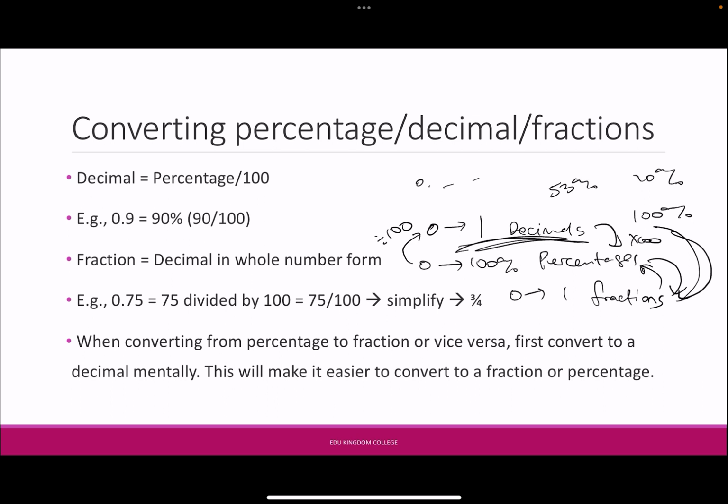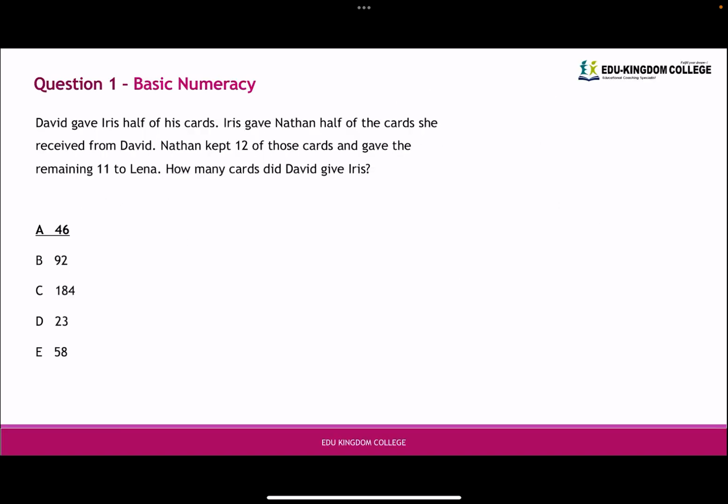So if the percentage equals 90%, the decimal is 0.9, or 90 divided by 100, and so our fraction, written out exactly, would be 90 divided by 100. If you want to go from fraction to percentage, same thing, just multiply by 100. Very good, so hopefully that's clear now.